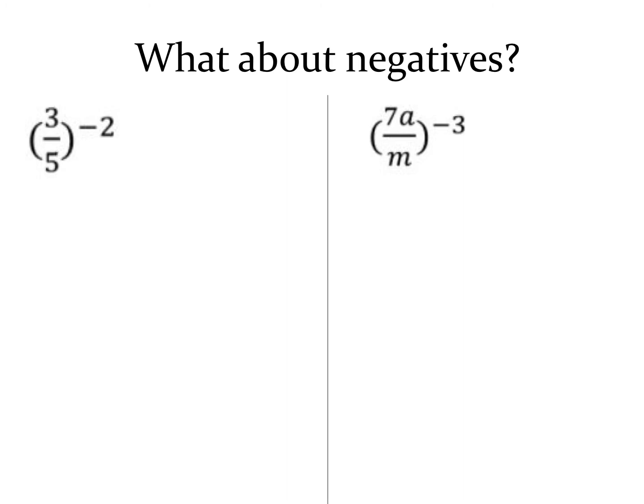In our last two examples, we're going to deal with negative exponents, and we're going to follow the same process to start. So for the example on the right, I'm going to take the negative 2 as my exponent and distribute it to both the numerator and denominator.